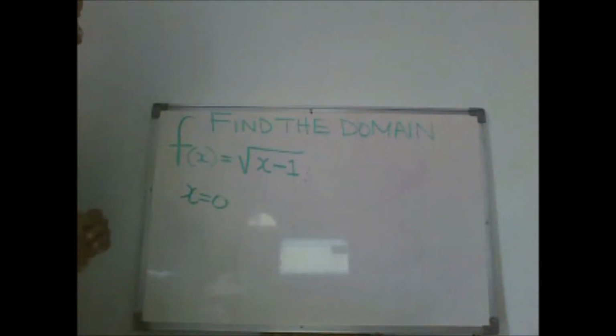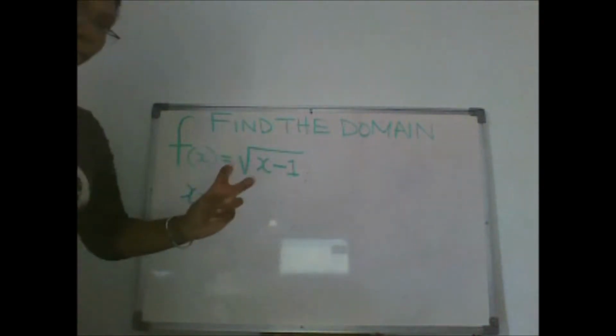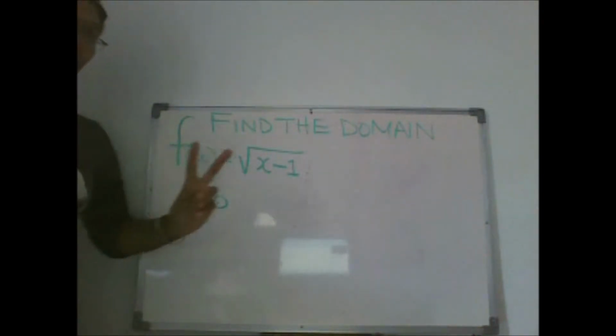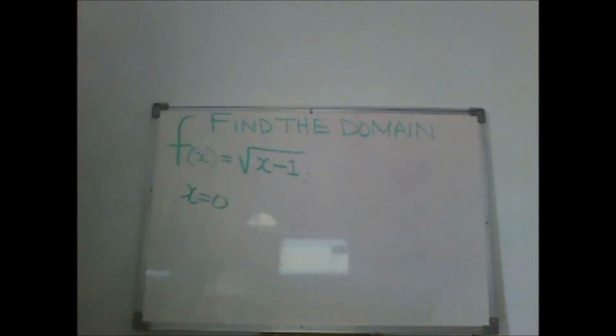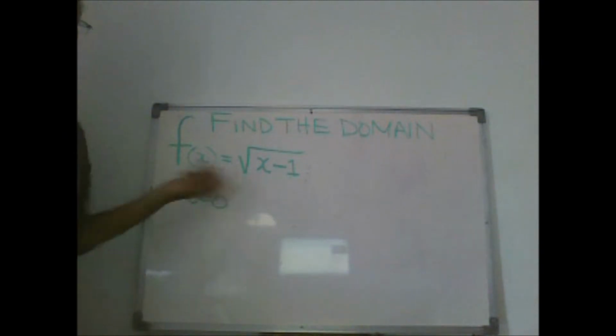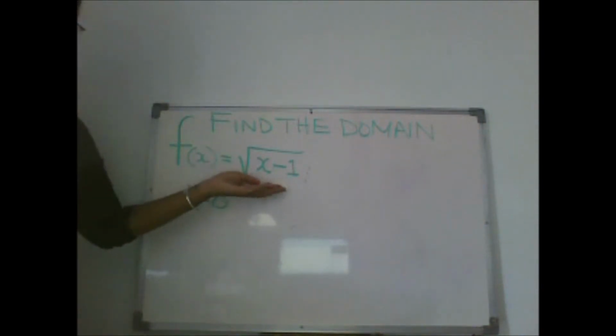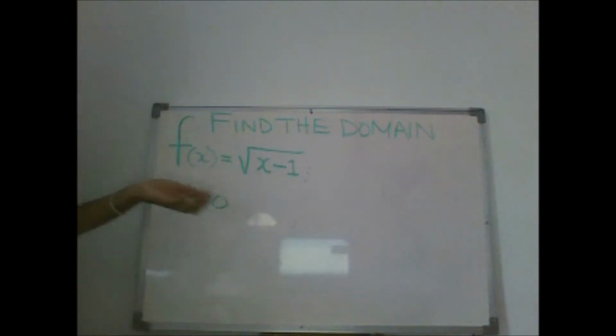And we all know that we can't find the square root of a negative number. So any value below 0 would not satisfy this equation, because all numbers below 0 would give a negative value, and we can't find the square root of a negative value.